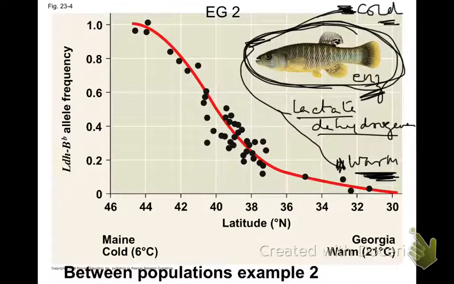So they looked for the cold-preferring allele over the population of fishes along the coast, and they found more of it concentrated up north. As the latitude came towards the tropics or warmer waters, the number of fish having that particular trait becomes less.